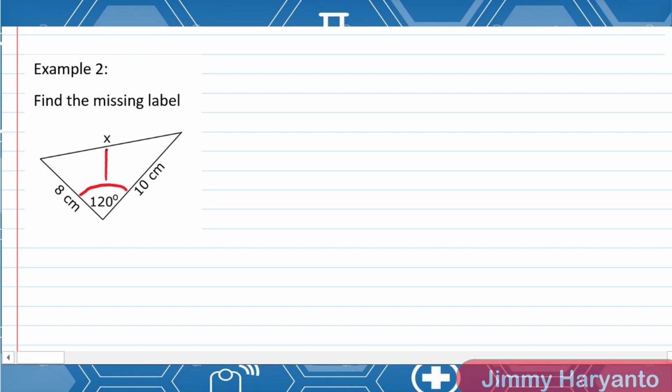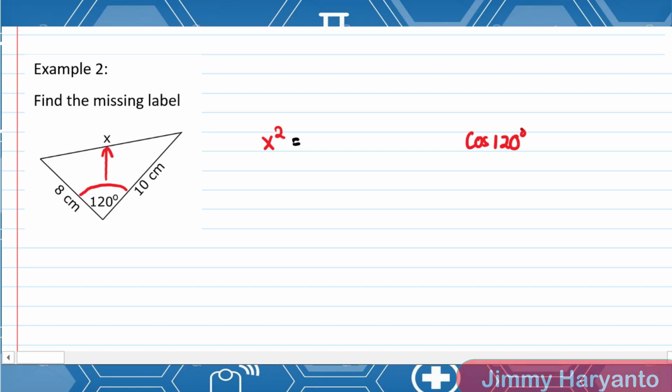The opposite side of 120 degrees is x. So you need to find the opposite side of the angle, and then you write the opposite side in the front, x square equals, and then you write at the back cos 120 degrees.